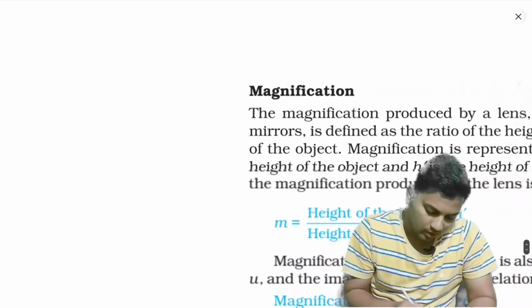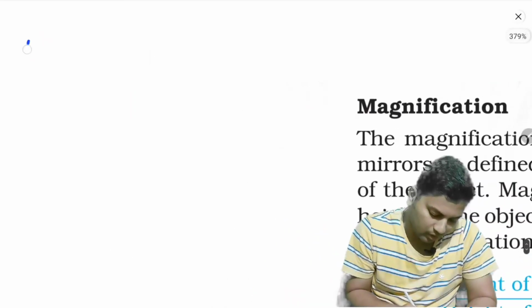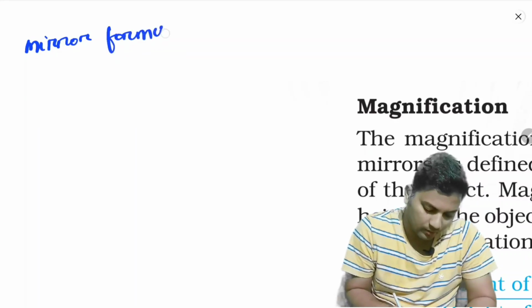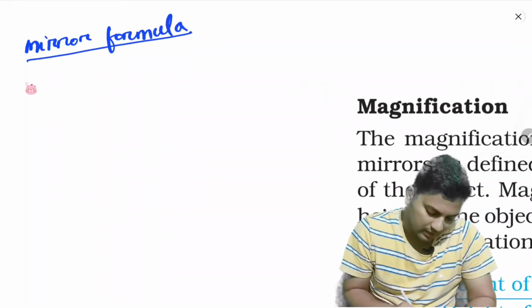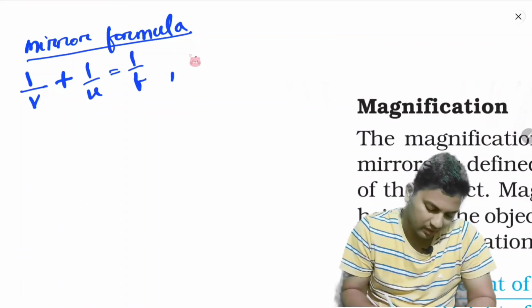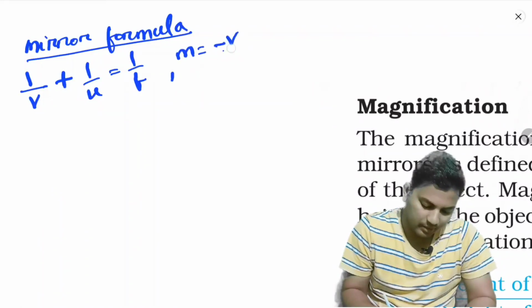If we draw the mirror formula here, we have seen that 1 by v plus 1 by u equal to 1 by f, and m is equal to minus v by u, equal to h dash by h.